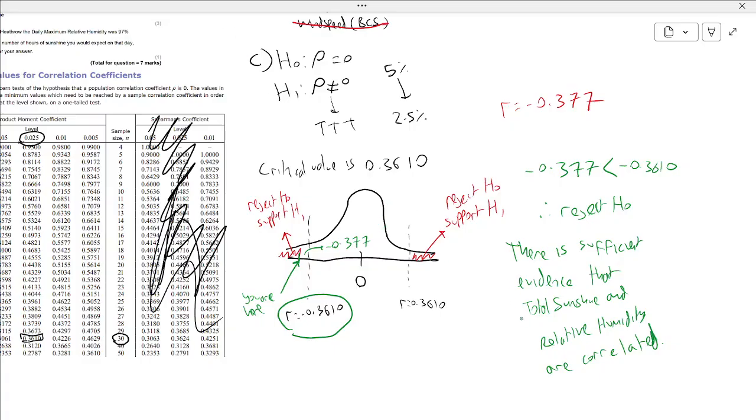I would say there is not sufficient evidence that there is a correlation. So hopefully that explains the whole process. That's really all there is to it. Whether it's 1 tail, 2 tail, just are you a stronger correlation than the critical value? So whether that's a bigger number, if you're talking a positive correlation, or a smaller number, if you're talking a negative correlation, that's all you need to check every single time.